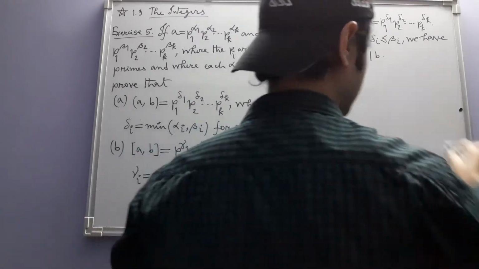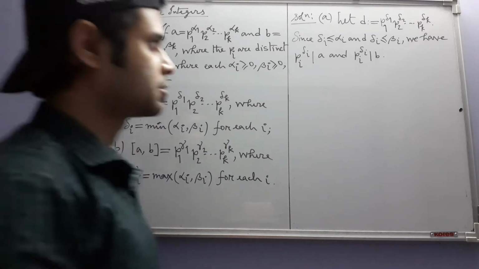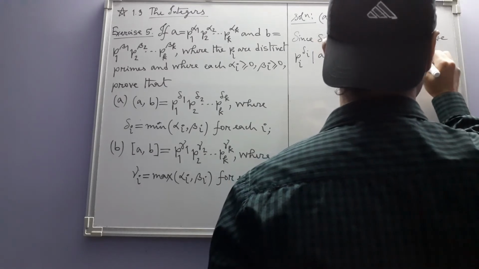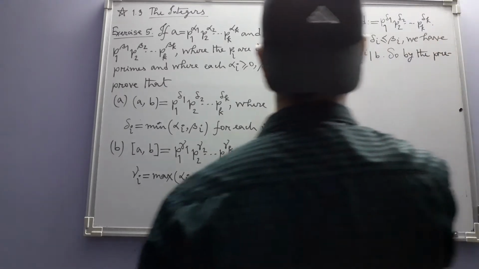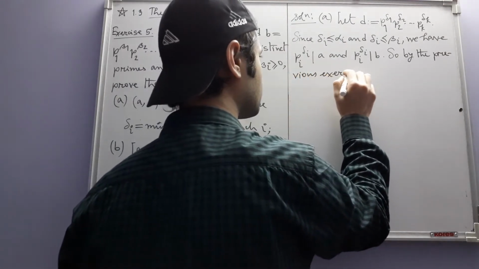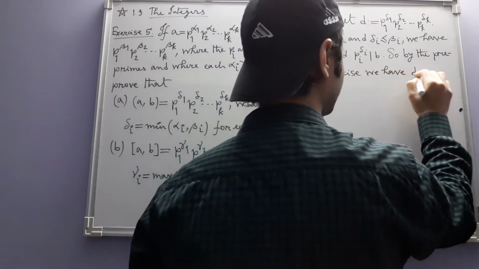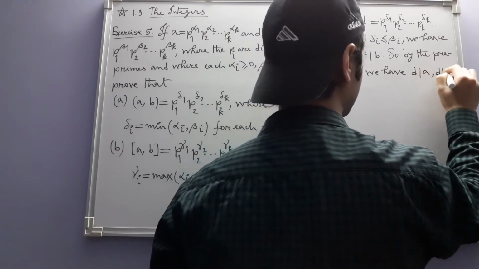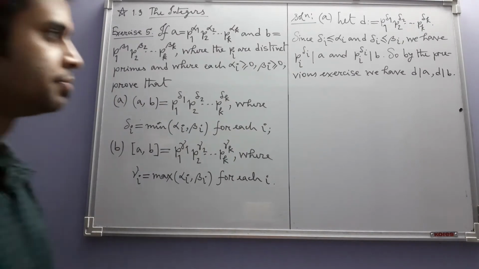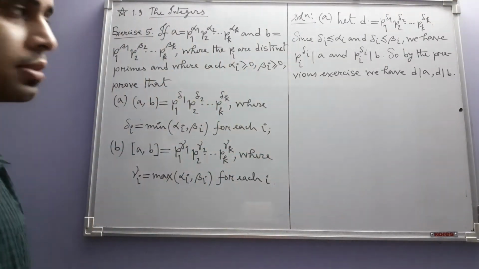Now we are going to use the result of the previous exercise. So by the previous exercise, we have D divides A and D divides B. But how am I making this conclusion? Let us first recall what the previous exercise says.